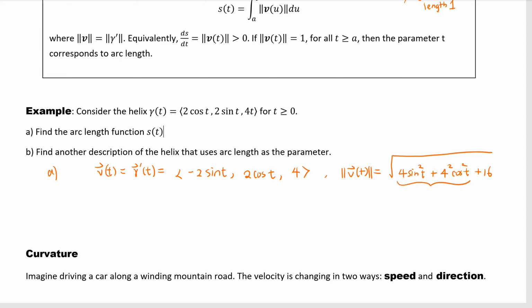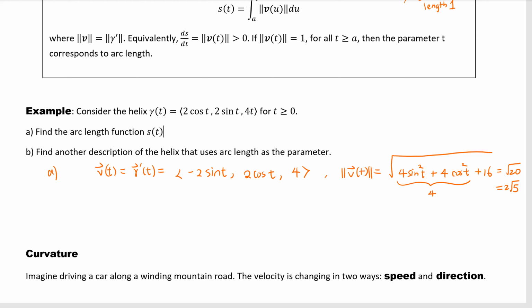We can factor out the 4, then we have sine squared plus cosine squared, which always equals 1. So this is the square root of 4 plus 16, which is 20. And 20 is 4 times 5, so this is 2 square root of 5.